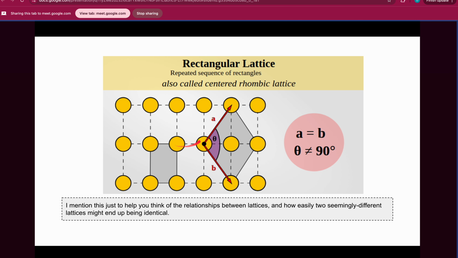Some people might see it as a rectangular lattice, whereas others can construct it in the form of a rhombic lattice. This is just to show how different people can perceive it. In this case, A will be equal to B, but angle theta won't be equal to 90, which was 90 in the case of the rectangular lattice.